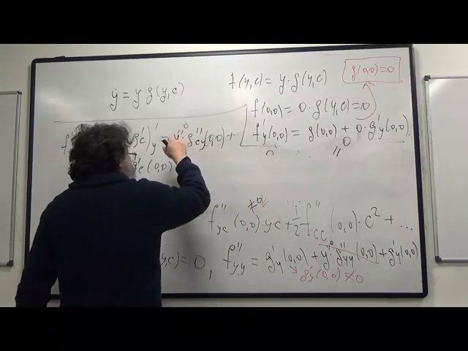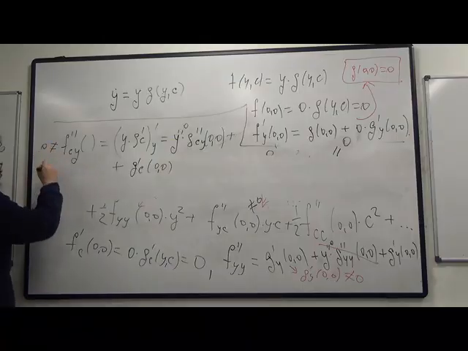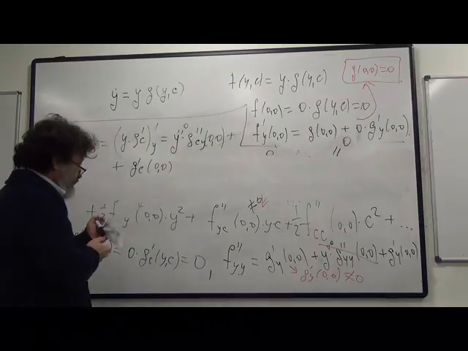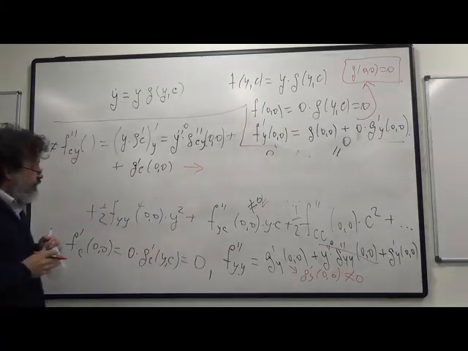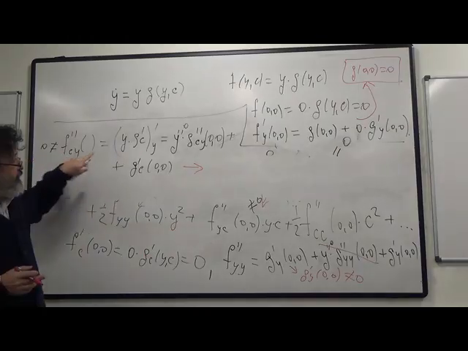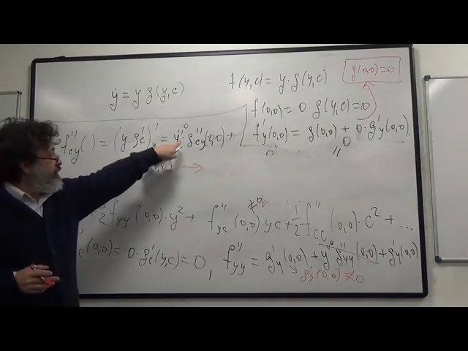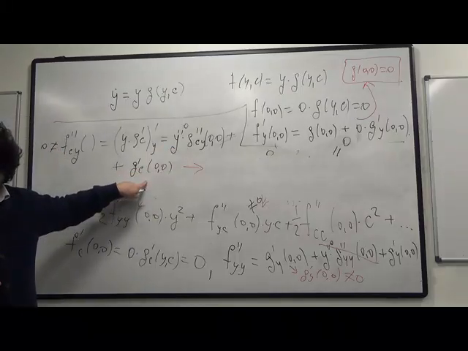And this is 0 because y should be 0. And all of this should not be equal to 0. From where we conclude, what is the last conclusion here? This should not be 0. This equals this plus this. The first term is 0, therefore the second term should not be 0. Yeah?